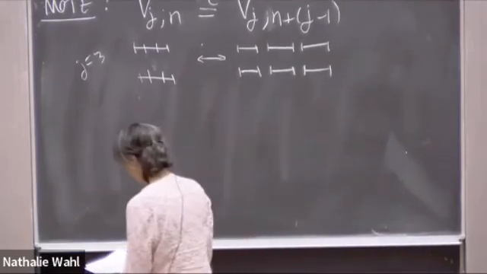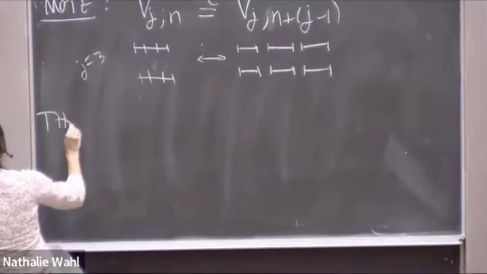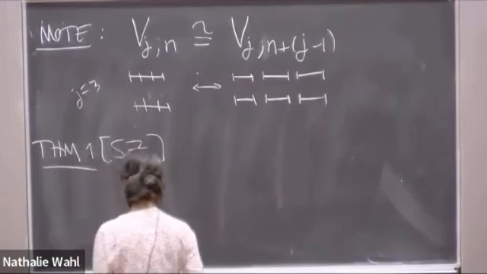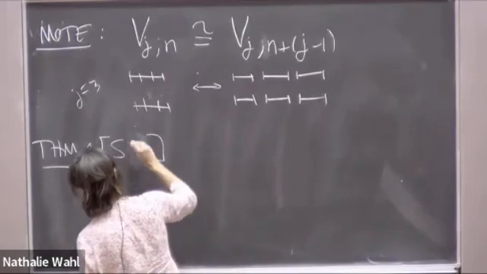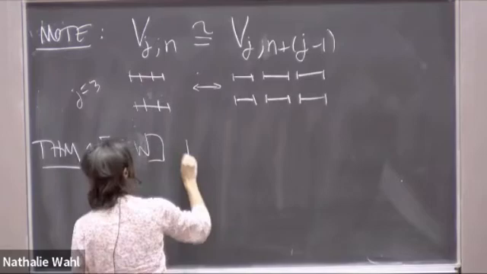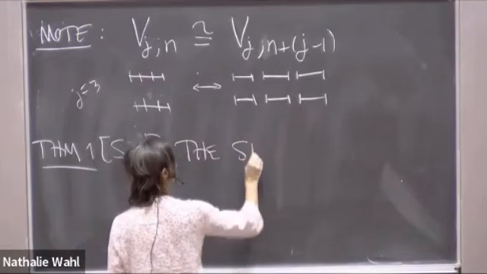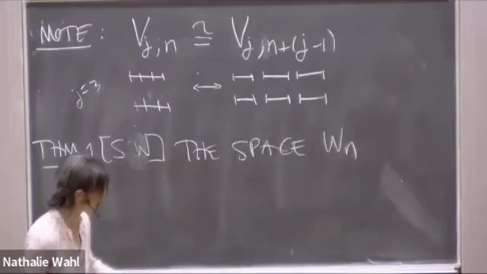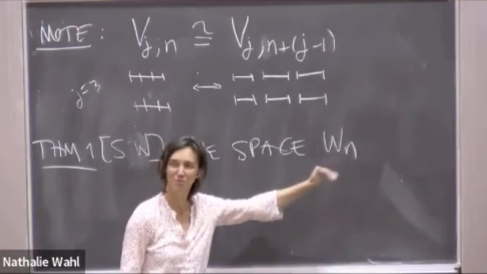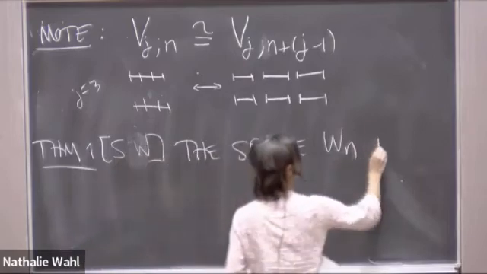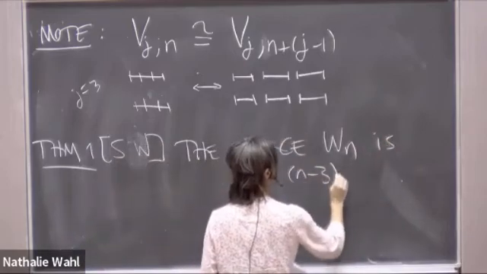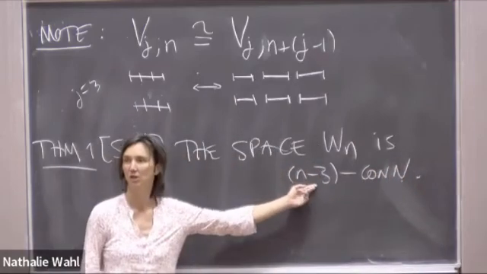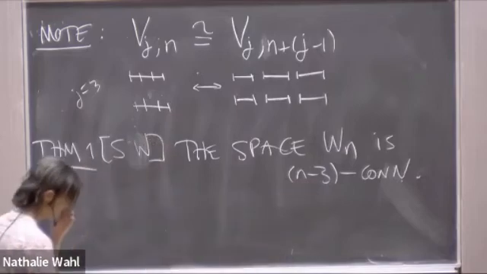Okay. So now let me state the first theorem that we prove with Markus Schumich: the space Wn that came out of this recipe for proving stability is n-3 connected. So its reduced homology, in particular, vanishes up to that degree.